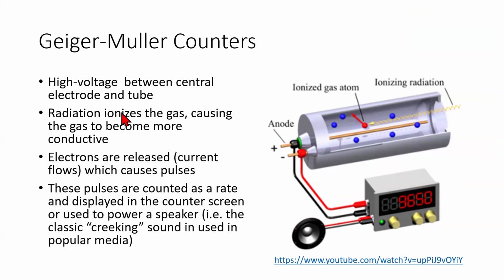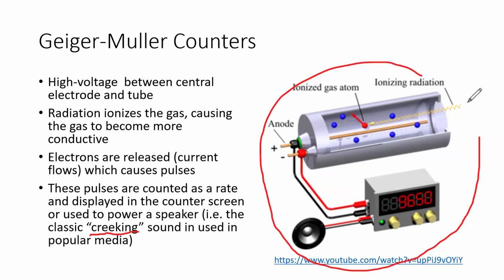This is the favorite prop for movies which have a theme on radioactivity. This is the classic instrument which produces a crackling sound when it is in proximity of a radioactive source.